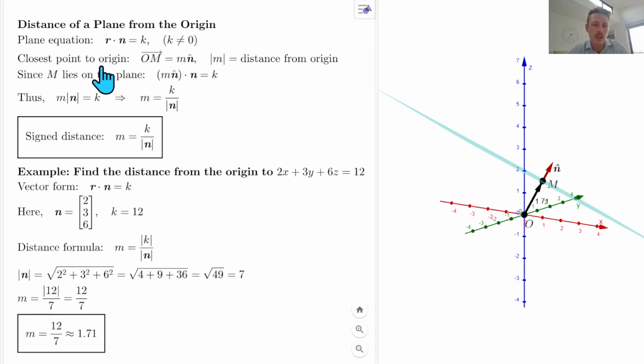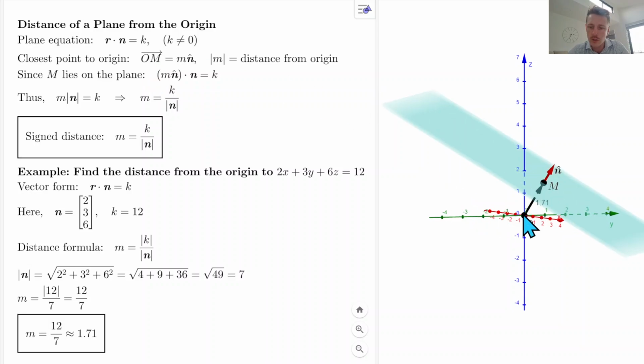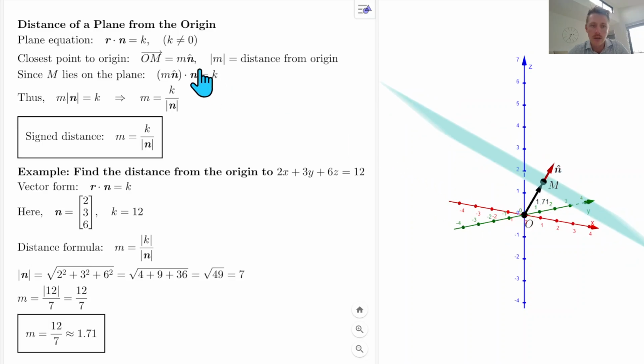Okay, what we say is that the closest point to the origin, M, so this closest point here, the vector OM is equal to m multiplied by the unit vector that's perpendicular to the plane. And that should make sense, right? Because we know that the unit vector perpendicular to the plane, if we scale that up or down, is going to be pointing in the same direction as the shortest distance from the origin to the plane.